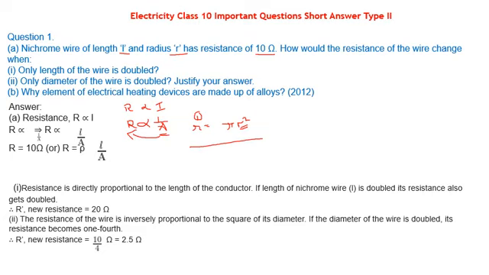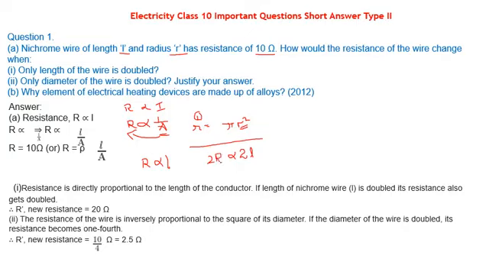Okay, if I double the length of the wire, I know that resistance is proportional to the length L. So if I double the length, if I make it 2L, definitely the R will also become 2R. So resistance is directly proportional to the length of the conductor.